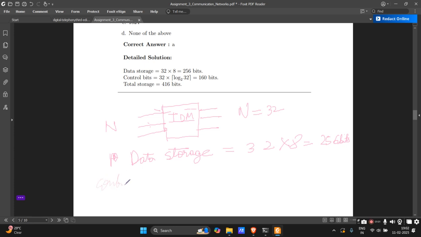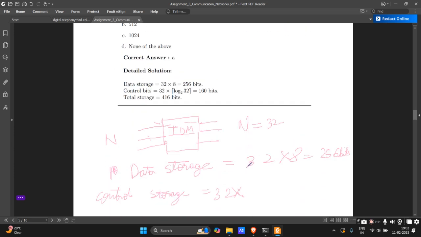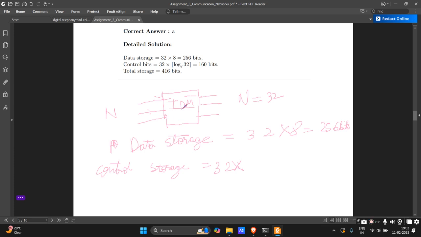For the control storage, you need to know how many links there are, of course, and you are controlling these 32 slots, right? To choose which slot to use from these 32 slots, you need log base 2 of 32 bits.